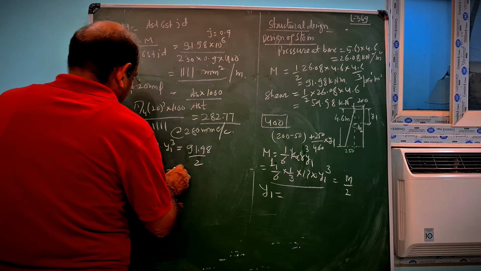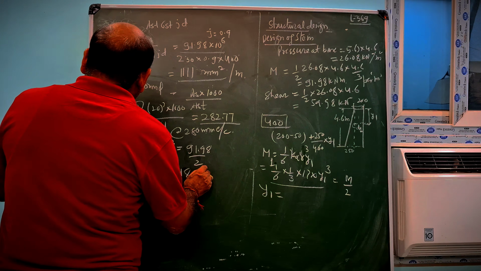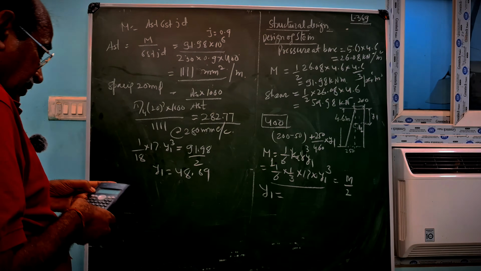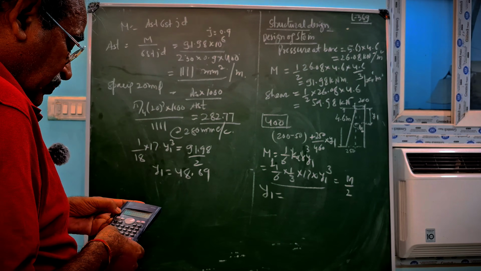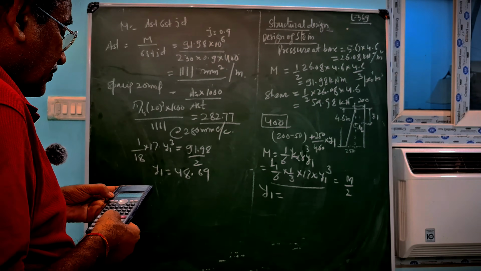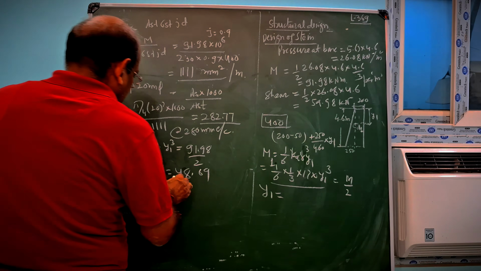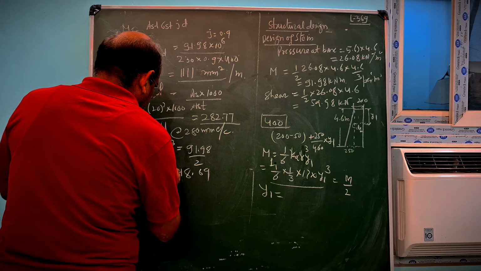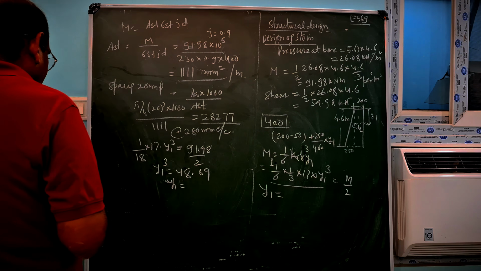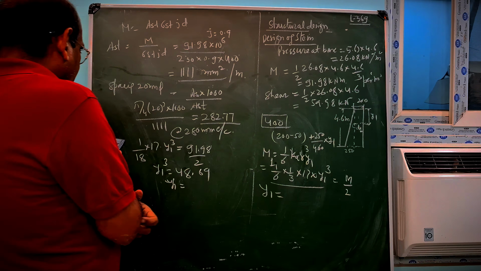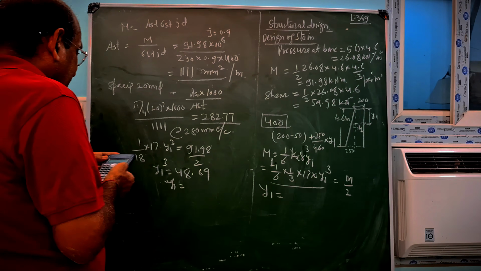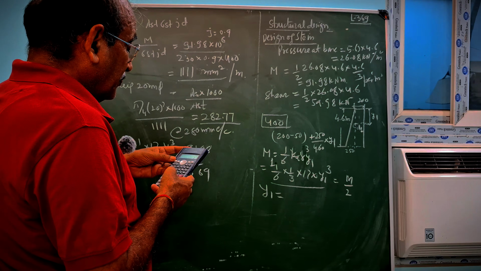This is coming 48 point something, 48.69. So y1 cube is this. Y1 equals the cube root of 48.69.